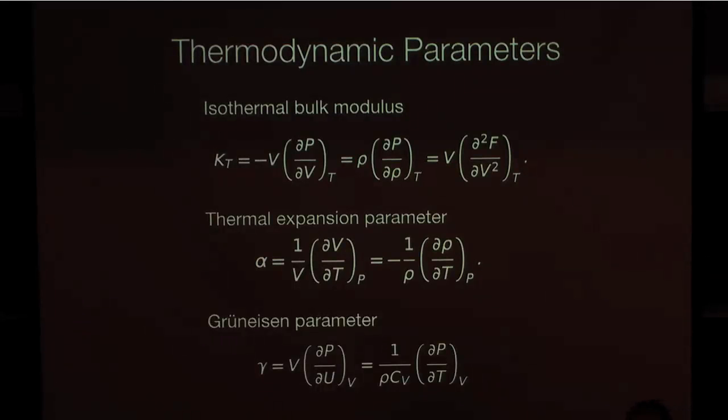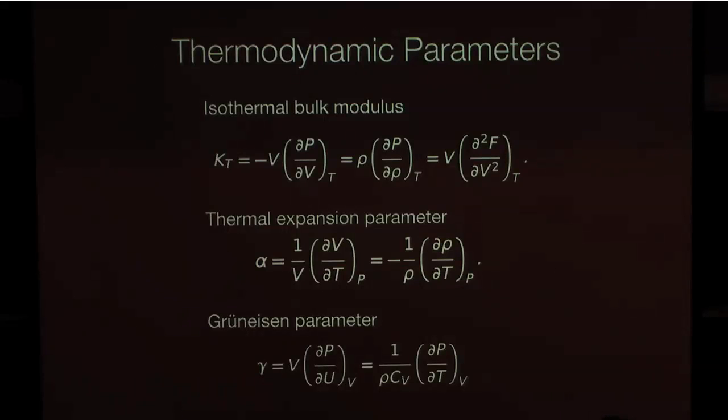Now, the Grüneisen parameter. You heard about this Grüneisen parameter many times in the last 5 days. It finally appears with a more clear definition here. Unfortunately, the Grüneisen parameter has been defined perhaps 20 or 30 different ways out there. But to me, this is the most fundamental definition of the Grüneisen parameter.